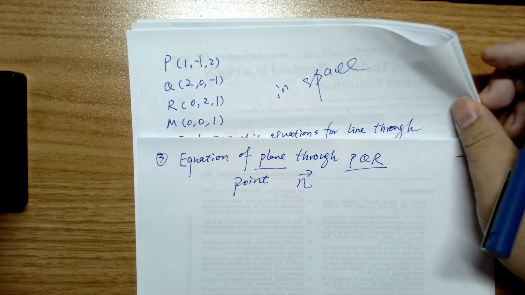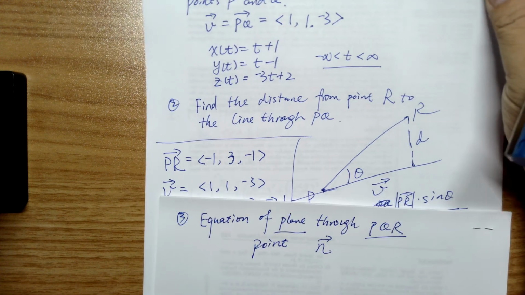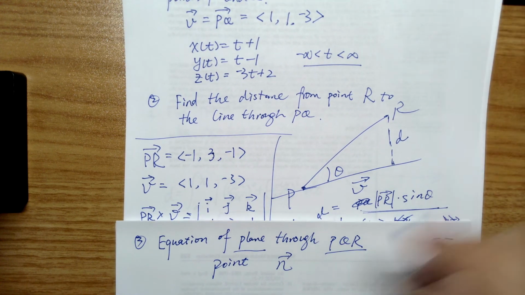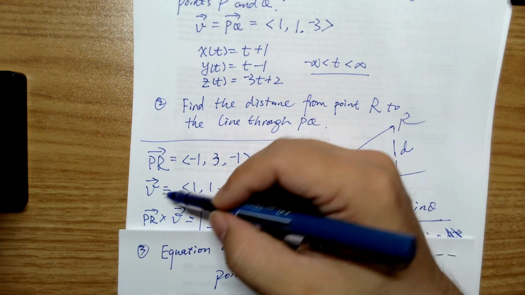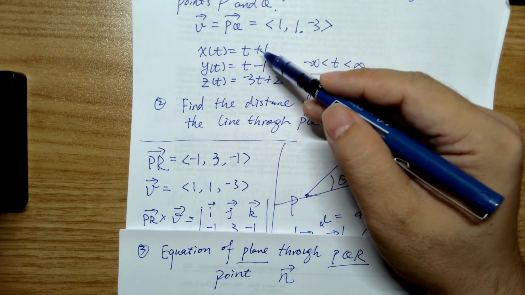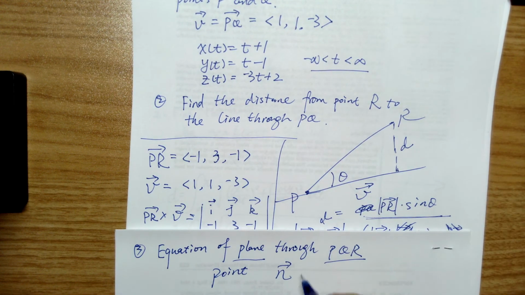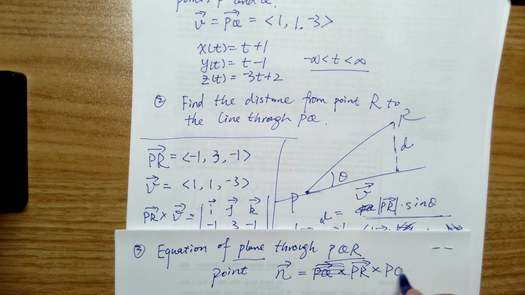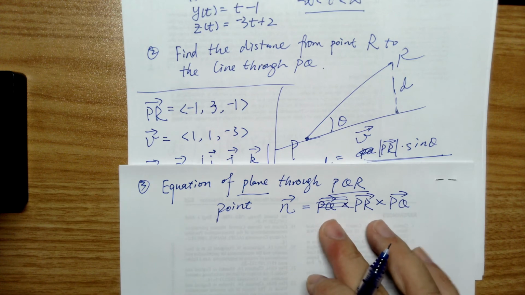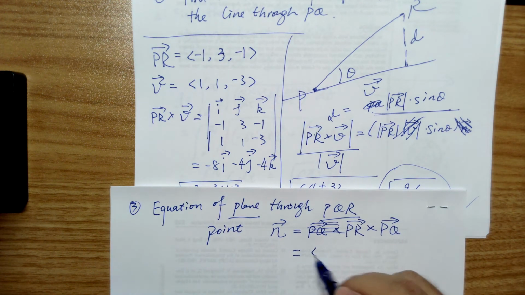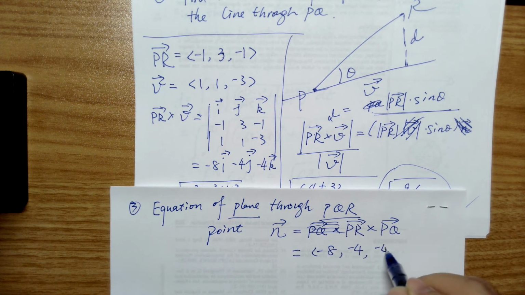If you recall what we did from the previous one, this V is vector PQ, and this is PR, so PR cross PQ. We can take advantage of the previous result because this normal vector is actually calculated here, which is -8, -4, -4.